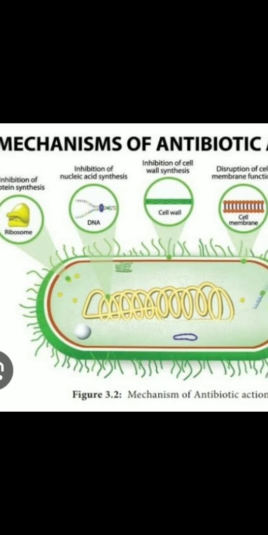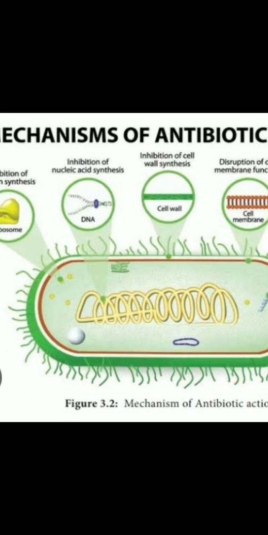Inhibition of cell wall synthesis, especially by the penicillins and cephalosporins, which interfere with NAG and NAMA. NAG means N-acetyl glucosamine, NAMA means N-acetyl muramic acid. There is a bond formation between these two molecules in the cell wall of the bacteria. So when penicillins and cephalosporins are given to the patient, they interfere with the bond formation between NAG and NAMA.